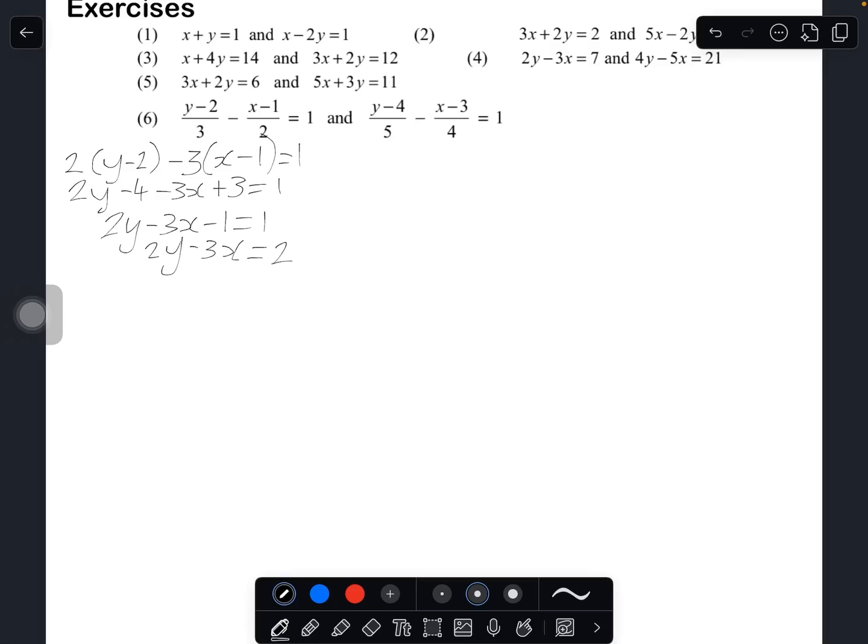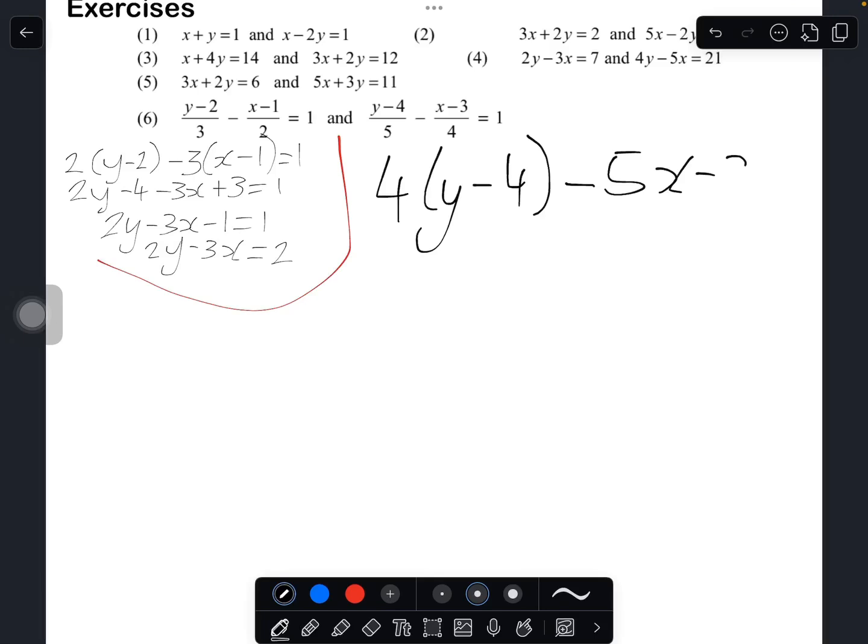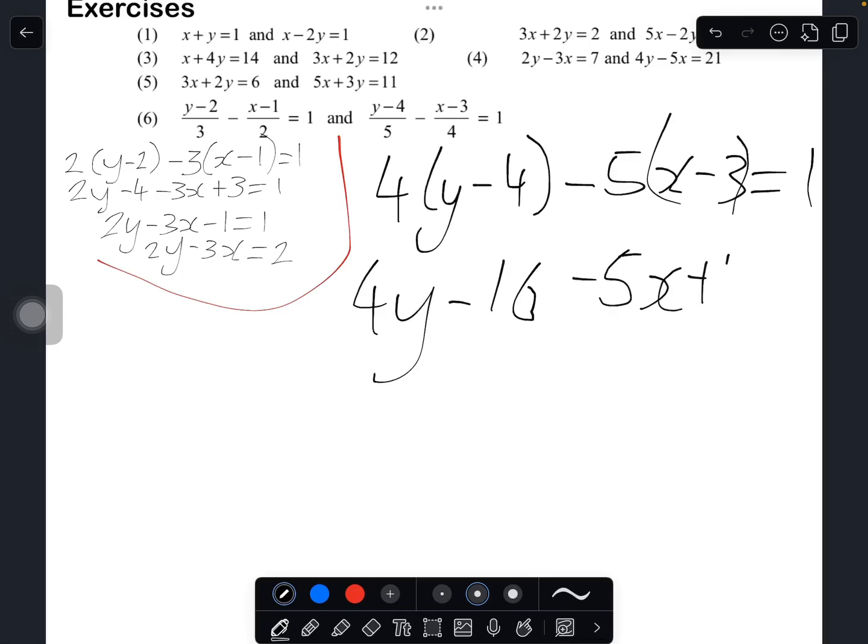So if I multiply the first one by 20, I'll be left with 4 into y minus 4 minus 5 into x minus 3 equals 1. Then I'm left with 4y minus 16 minus 5x plus 15 equals 1.